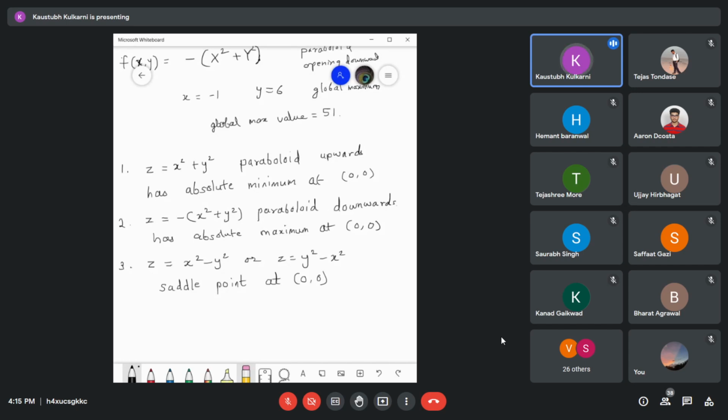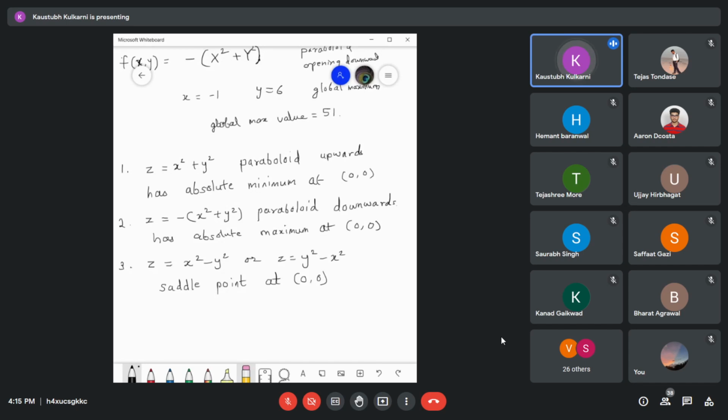A saddle point is just like an inflection point. Recall the inflection point that we saw in the previous lecture in the case of one variable. You feel that the function is going in one way till that point, and then suddenly the behavior flips at that point and becomes opposite.